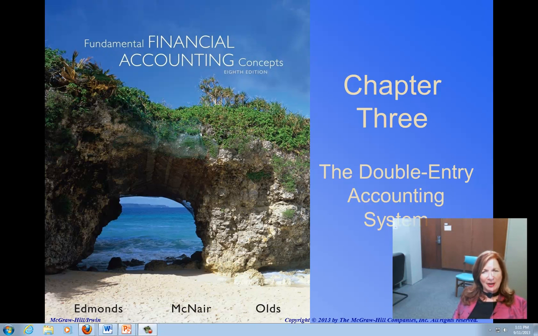These are interest-bearing notes, so you will have to accrue interest at the end of every accounting cycle, at the end of every fiscal year or every calendar year. And then eventually you have to repay both the principal and the interest. Now how those are repaid, at what time and what amounts, is all determined by the information in the note.